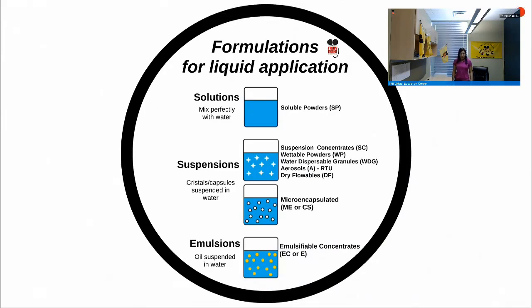Now, let's talk about emulsions. Emulsions are oil suspended in water, what we call emulsifiable concentrates. You're going to see on the label the abbreviations EC or E. With emulsions, there is a high risk of absorption through the skin of the applicator.